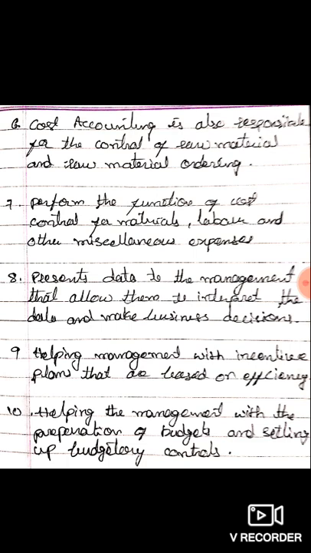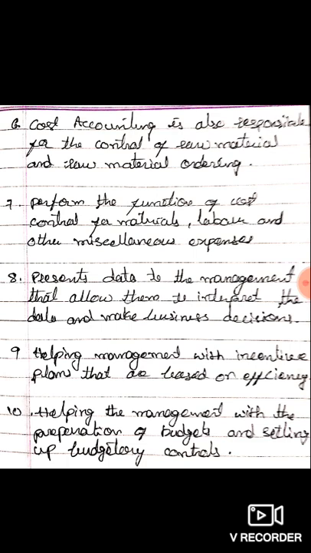With that, they can control the raw material wastage by observing the warehousing position. And the next function of cost accounting is cost control for material, labor, and other miscellaneous expenses.